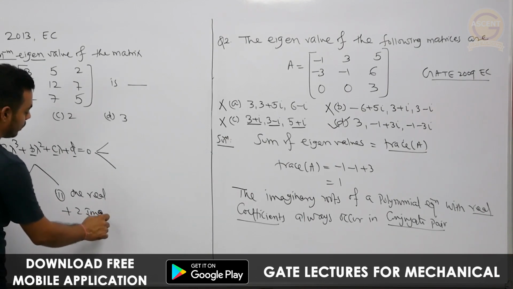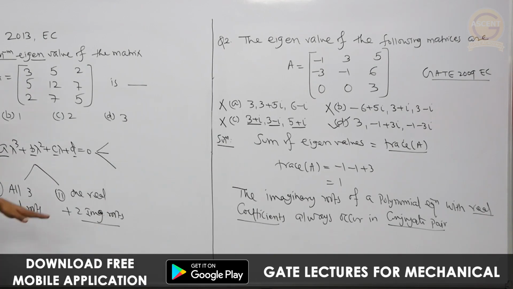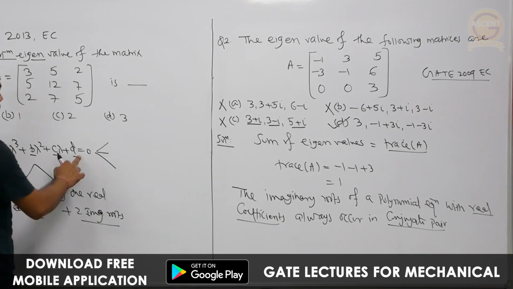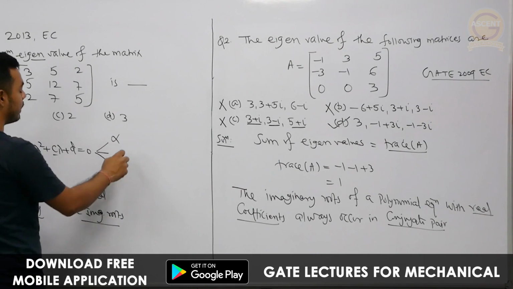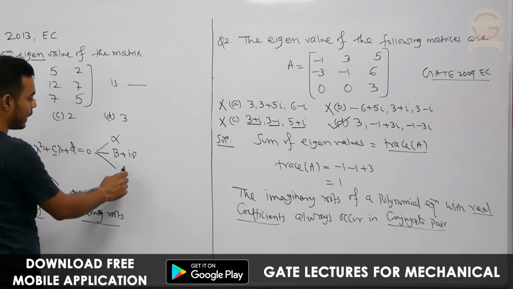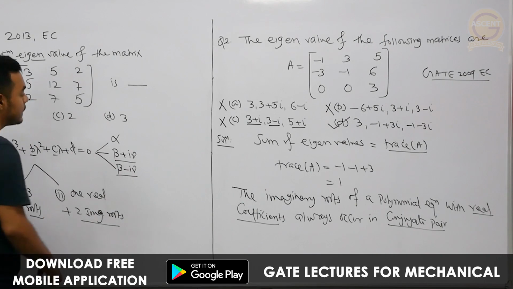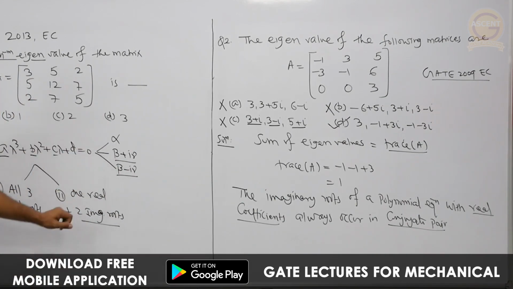If one root is alpha and another is beta plus i gamma, then the third root has to be the conjugate, beta minus i gamma.